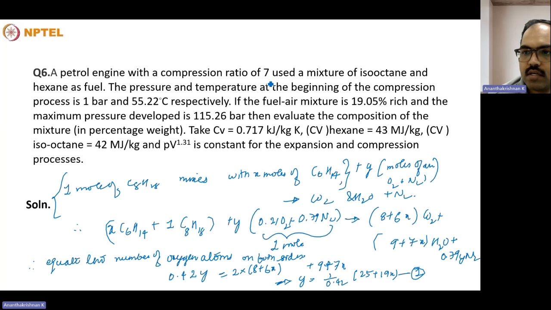So this is the stoichiometric case, but the actual air fuel mixture is 19.05% rich.